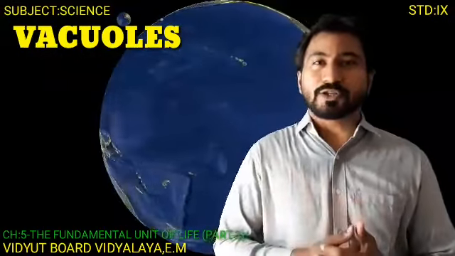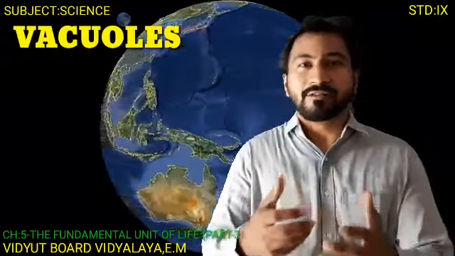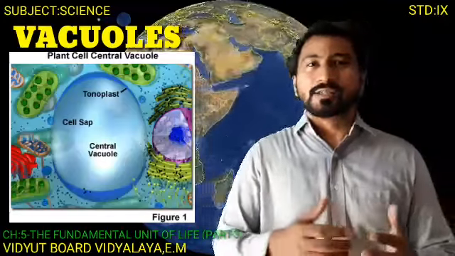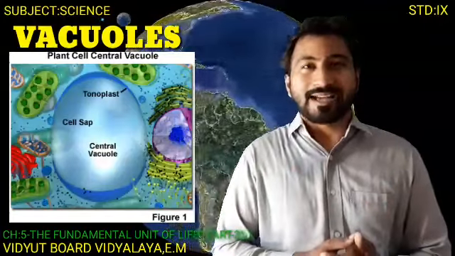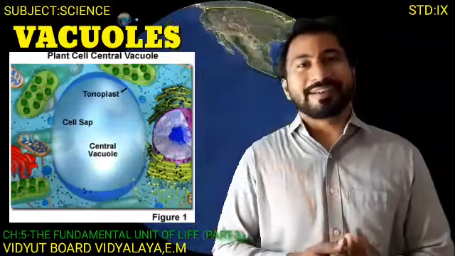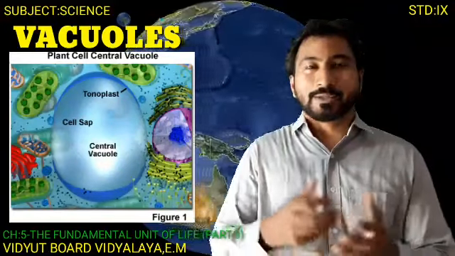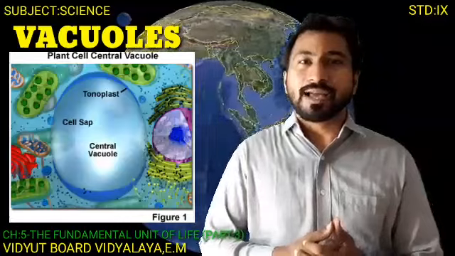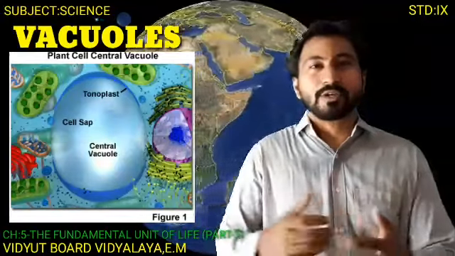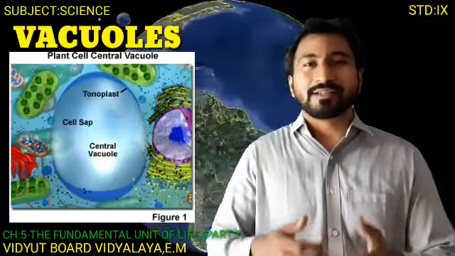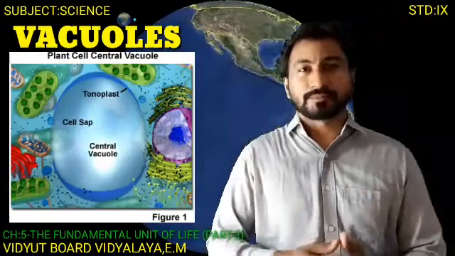Now let us see the structure of a typical vacuole. The outer membrane is said to be the tonoplast, and the fluid of the vacuole is said to be the tonoplasm. Now this entire vacuole has a lot of enzymes responsible for numerous biochemical and metabolic processes.